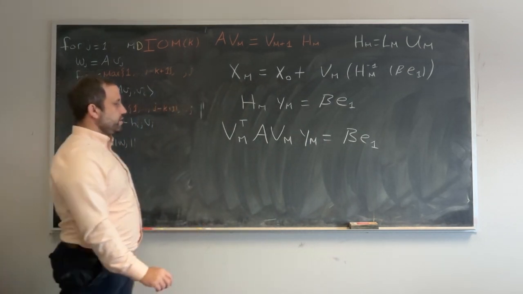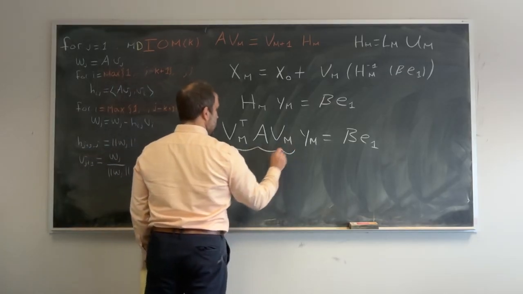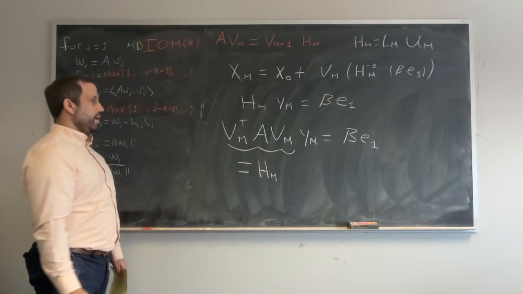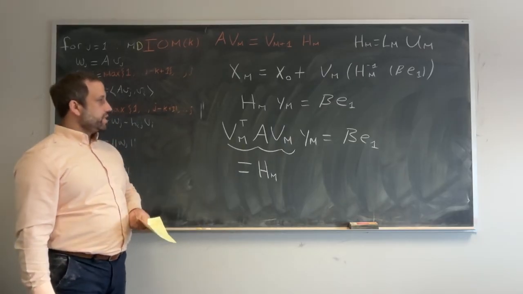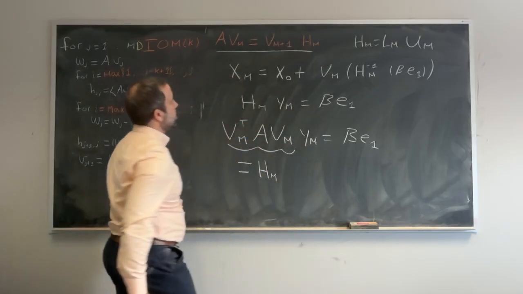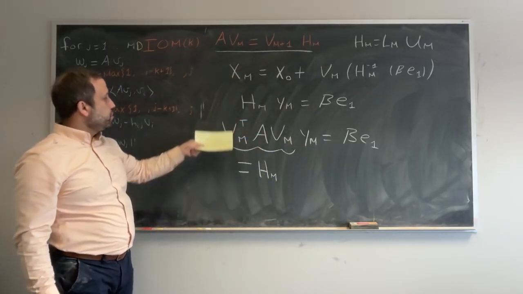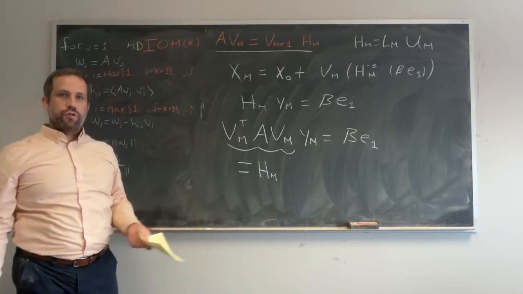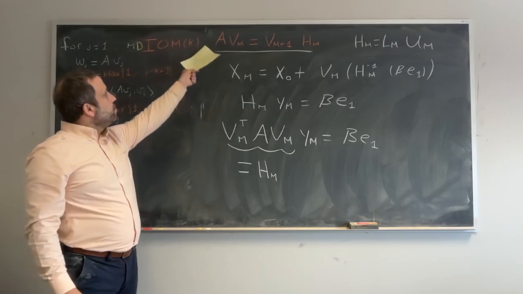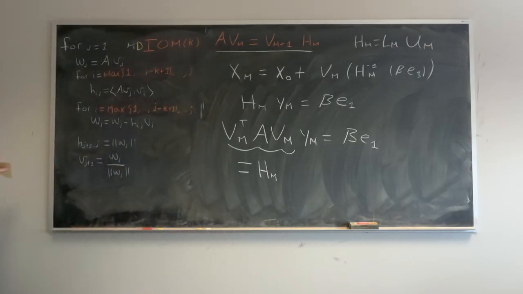But then we saw in the full Arnoldi algorithm that this right here is equal to H_m. Now where does this identity come from? Well, this identity comes from this identity right here. If you take that identity and multiply both sides by V_m transpose, you basically get this identity here. There's another little part of the argument that you need to make, but that's essentially where it comes from.